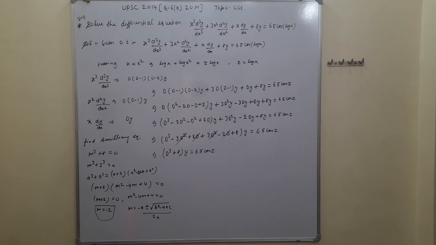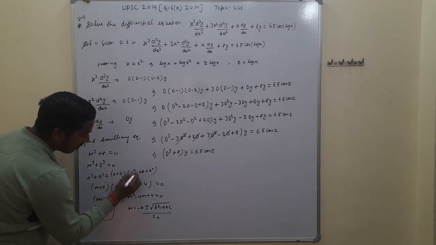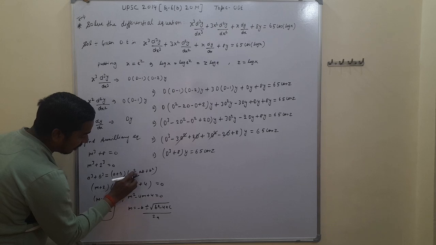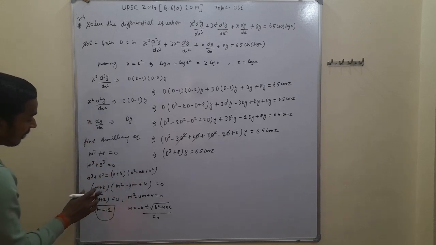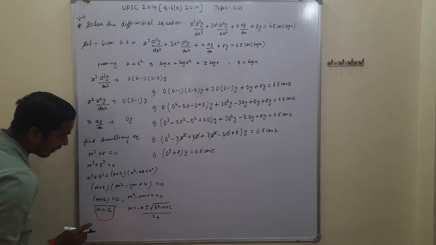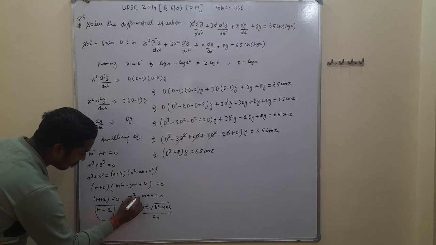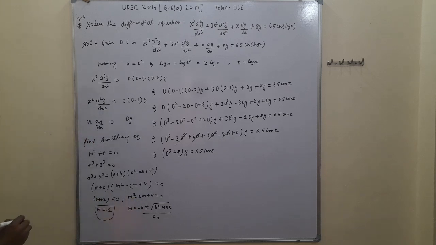Once again, here some mistake has happened. Here is only ab. Sorry, we got confused here. Once again, this is minus ab, so we have to write here minus 2m, and minus 2m. This is given by also, this is 2, and we have to use this formula.